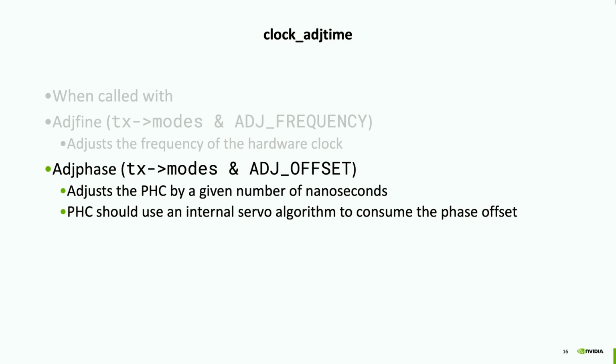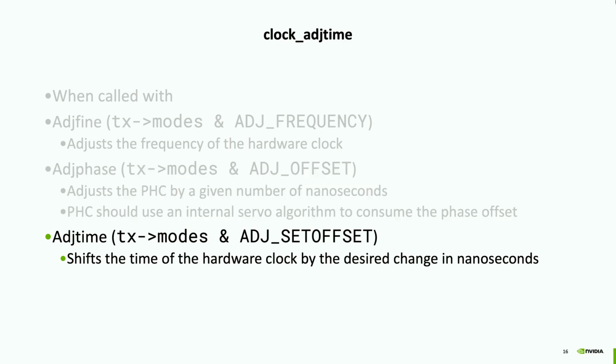But this is the new API that's actually designed to feed that offset into the internal servo in your device. So it will not immediately step the clock just dumbly, but it should put it through a servo and actually calculate on the device whatever correction is needed.